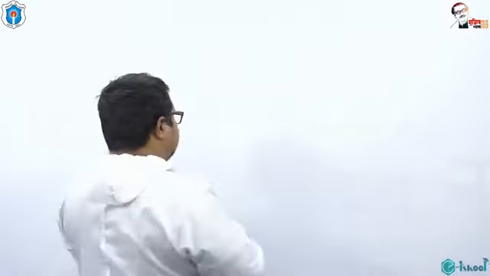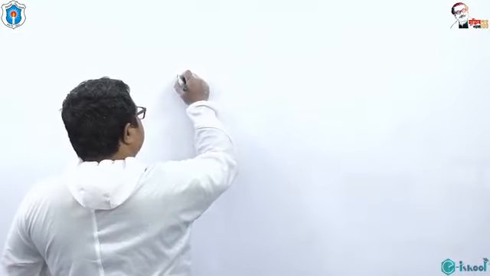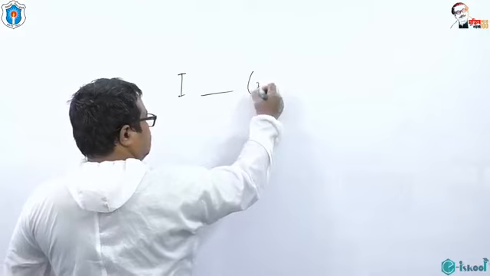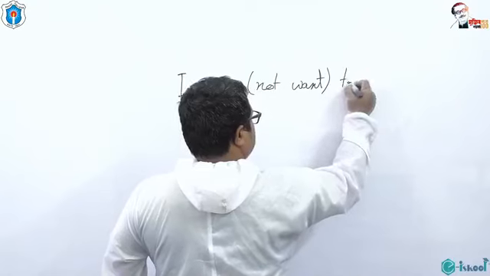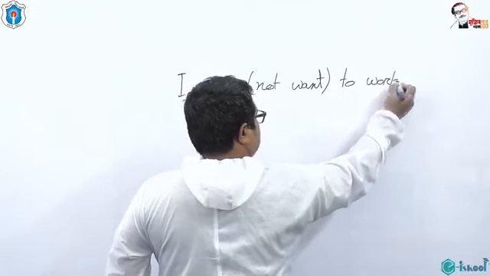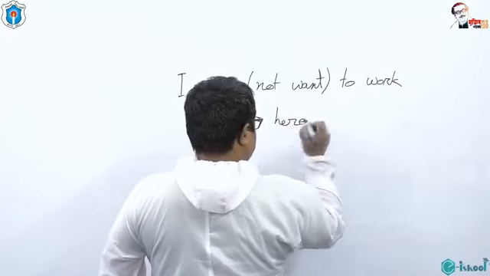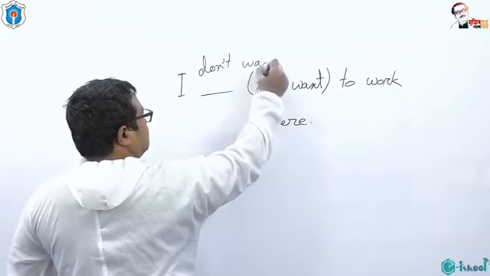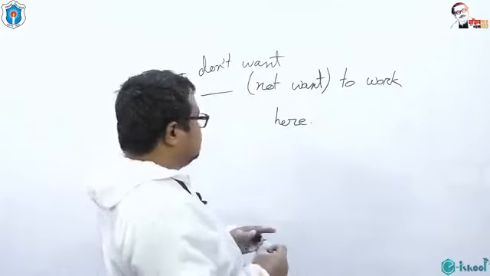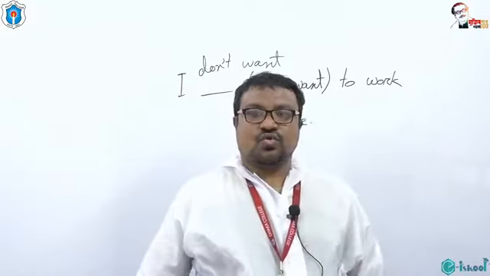What kind of verbs will we use in case of interrogative and negative sentences? That is, if the sentence is like, I don't want to work here.